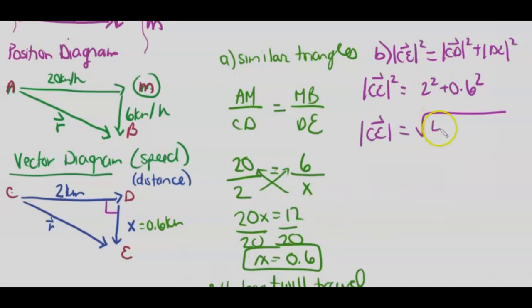Okay, so 2 squared is 4 plus 0.6 squared, which is 0.36. So we get a total of 4.36, and let's go ahead and square root it. And we get 2.1. So the magnitude of vector CE, which is the resultant vector, is 2.1 kilometers.